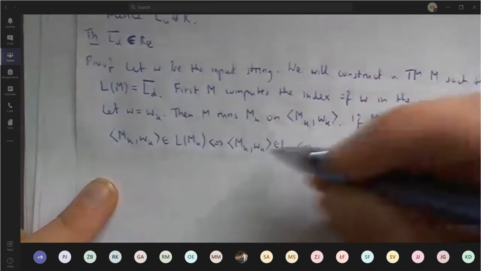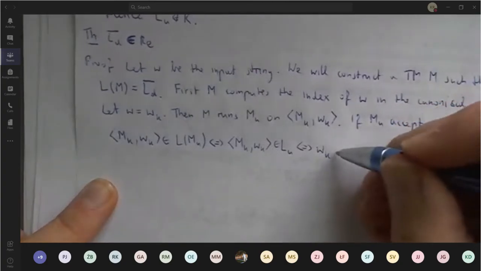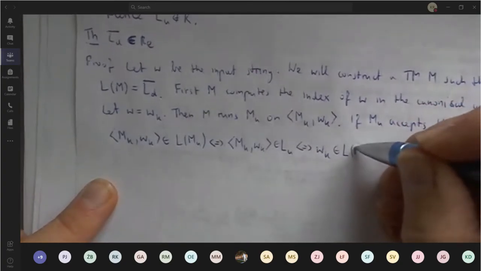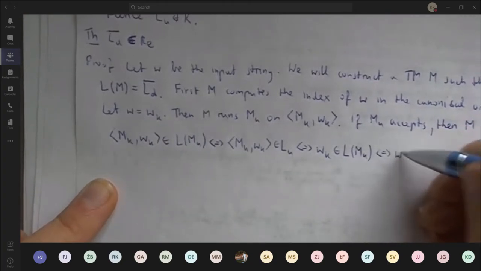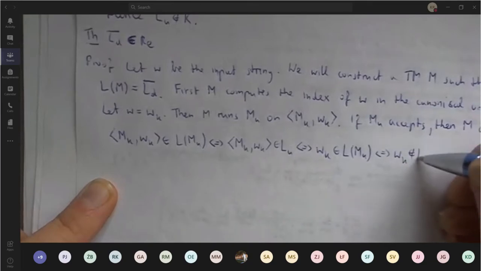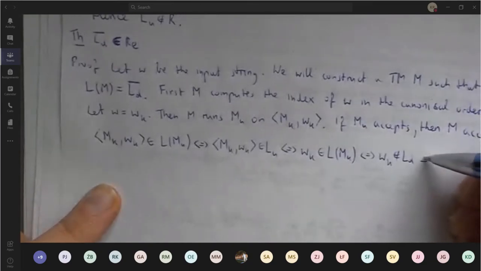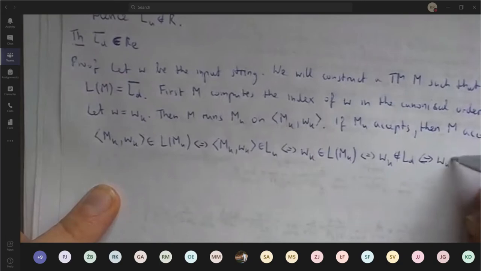That means that MK accepts WK. That means that WK does not belong to the diagonal language, so it belongs to the complement.